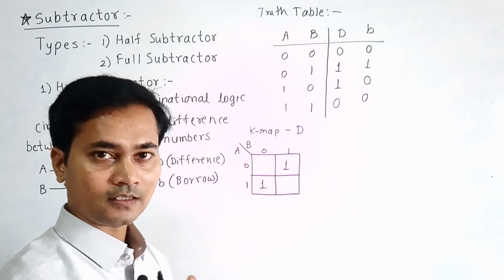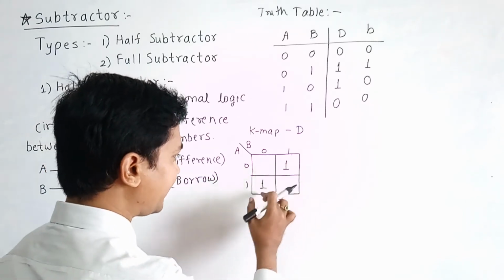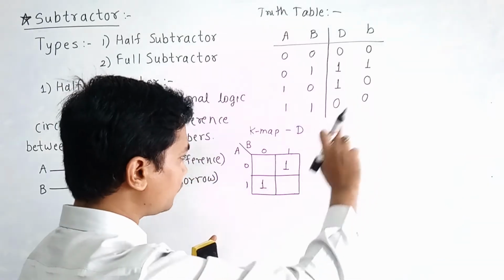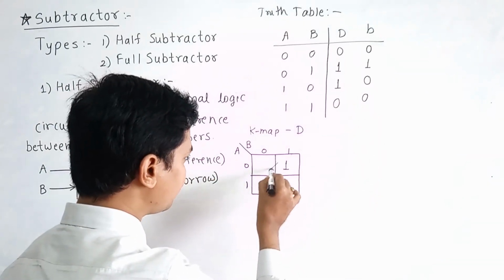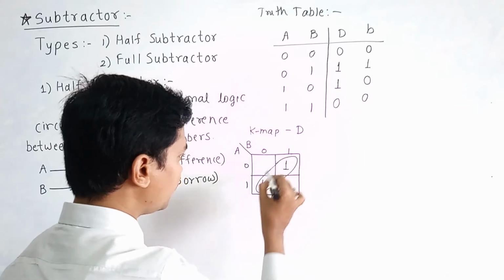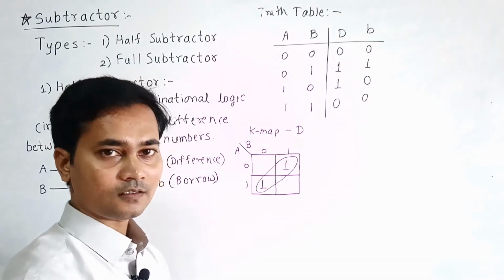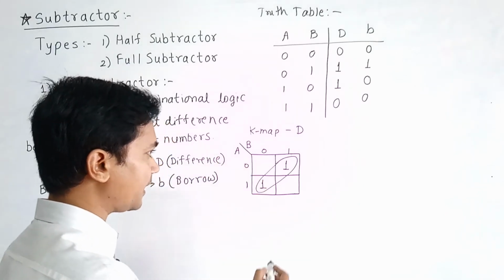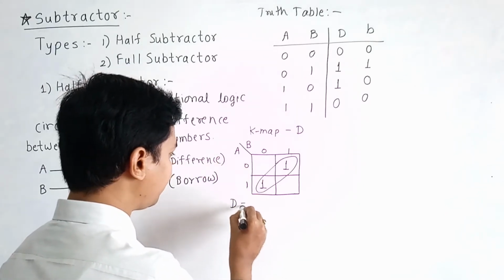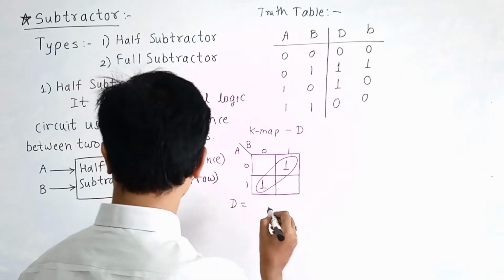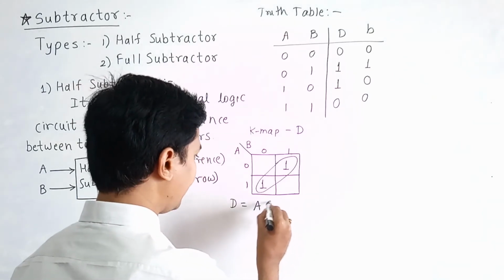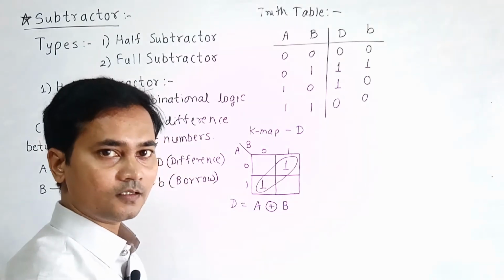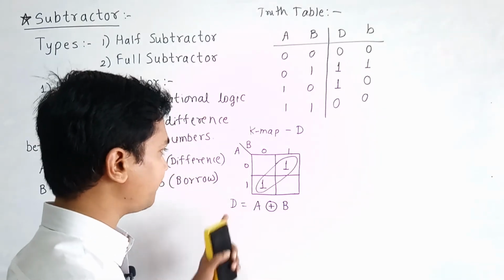So keep in mind one thing, if you are having these kinds of ones, diagonal ones from left to right, then you can group like this. This diagonal grouping gives you the XOR operation of A and B. So here I can write capital D equal to A XOR B, okay.